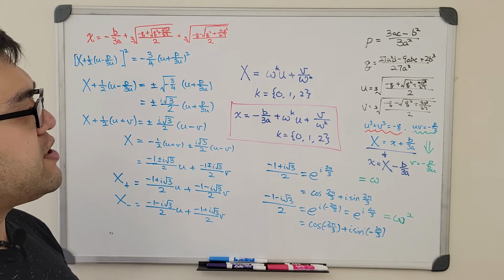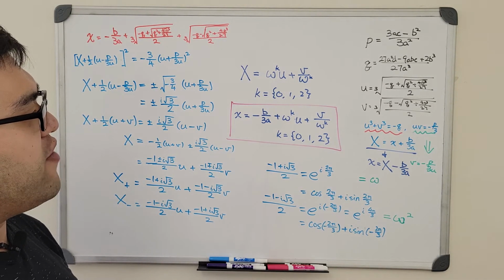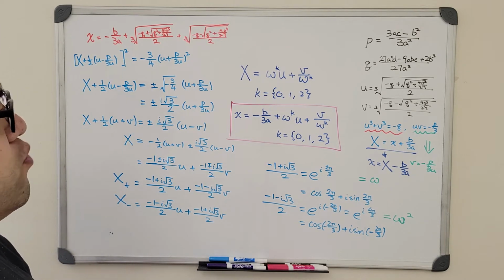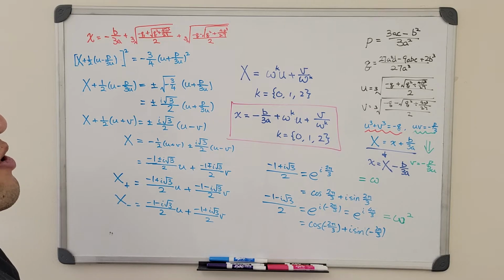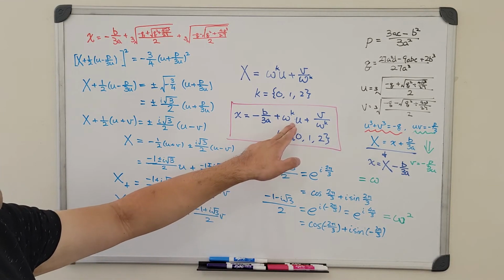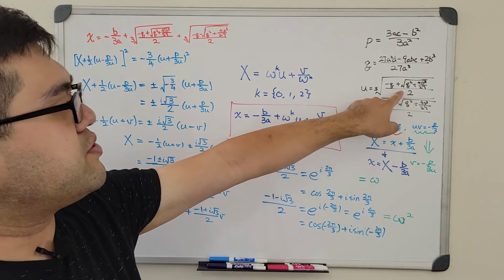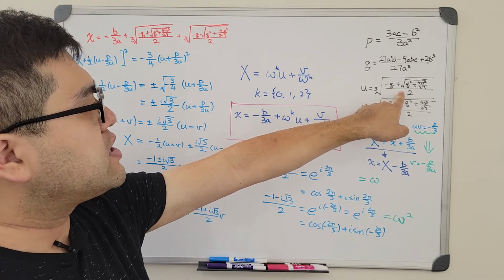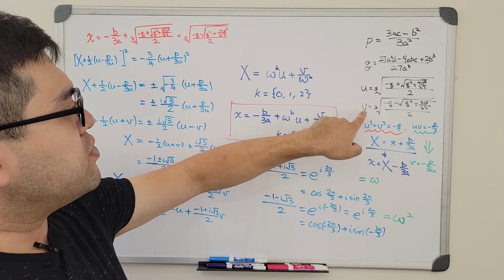Now, last thing, you might ask, what if u and v are something such, what if u is equal to 0? Well, if u is equal to 0 in here, that means that we now need to be very careful.